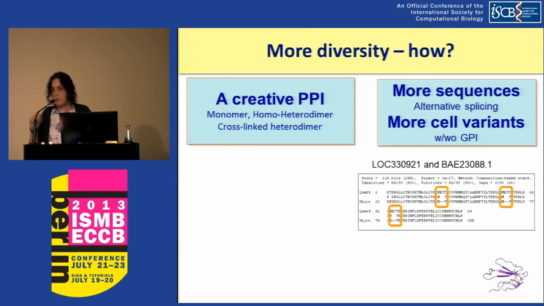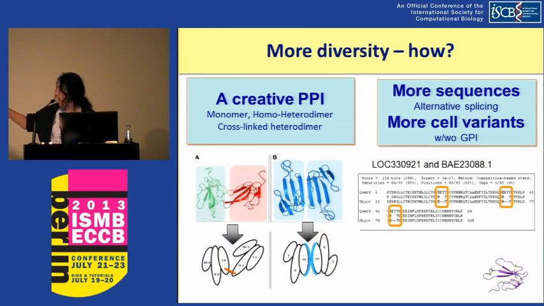So let me show you an example. In the A part, or let's start with the B. Those are homodimer in which they have a very nice, well-defined interface between the two subunits. Look at the left side. Those are two heterodimers, but their connection is through a cysteine bridge that jumps from one to another. So they have another creative idea to put them together.